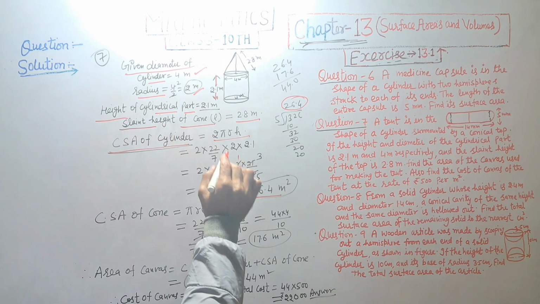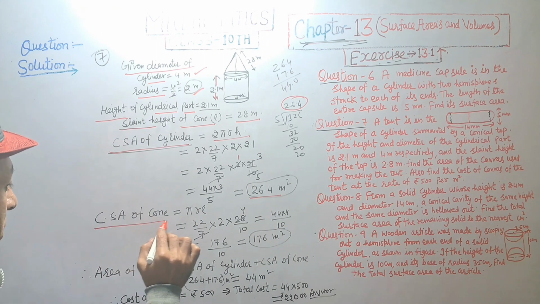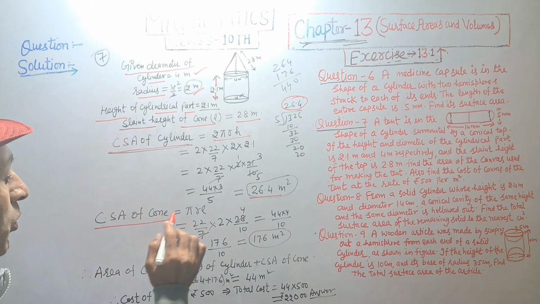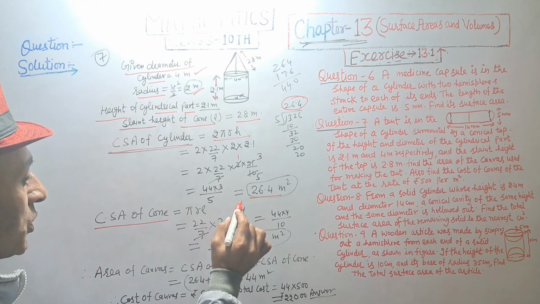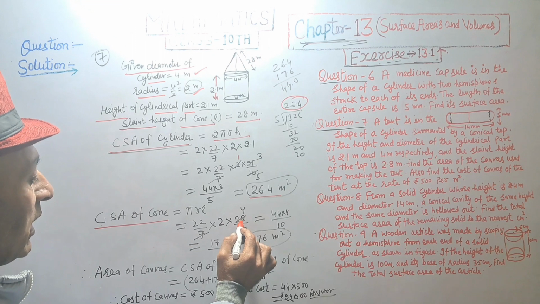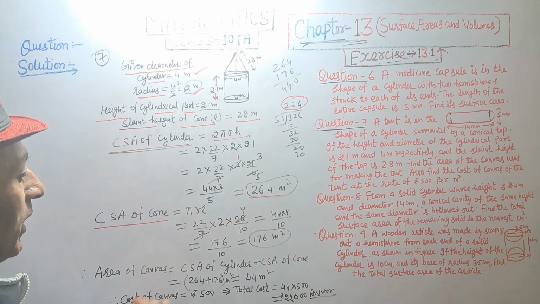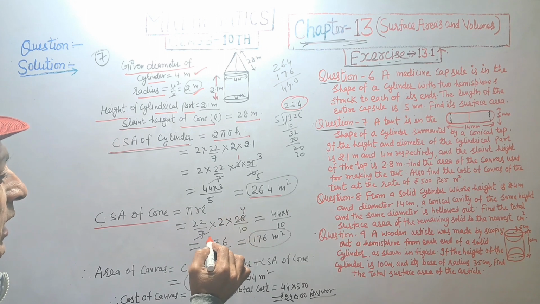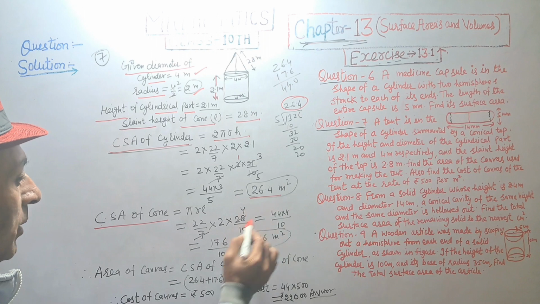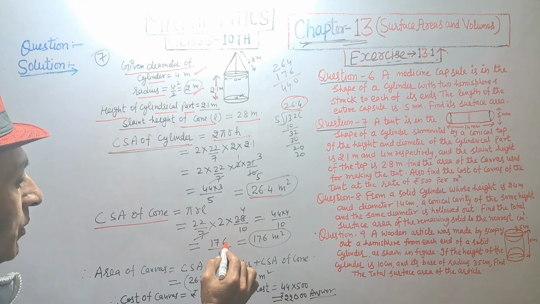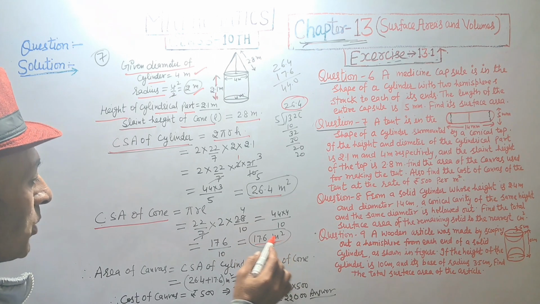Curved surface area of cylindrical portion. And curved surface area of cone is pi r l, 22 upon 7 into r is 2 and l is 2.8, means 28 upon 10. 7 4s are 28 and 2 2s are 44 multiply by 4, that is equal to 176 divided by 10. We get 17.6 meter square.